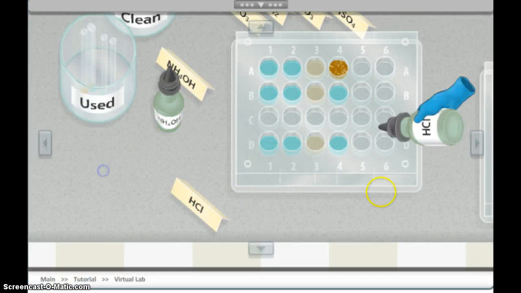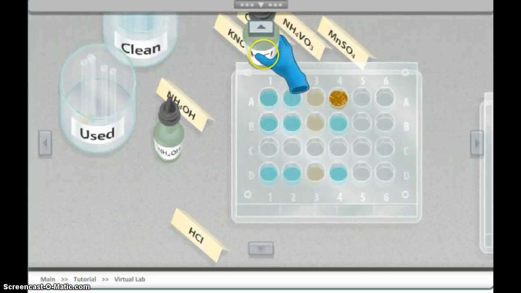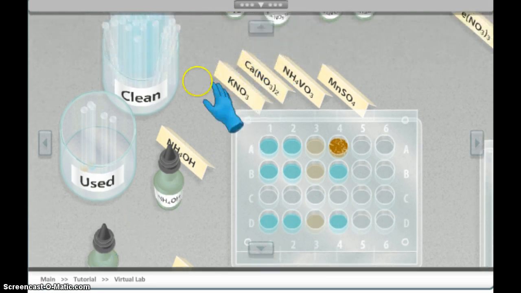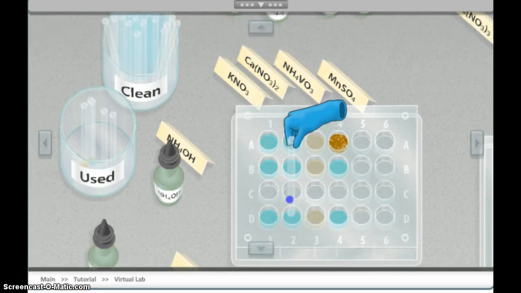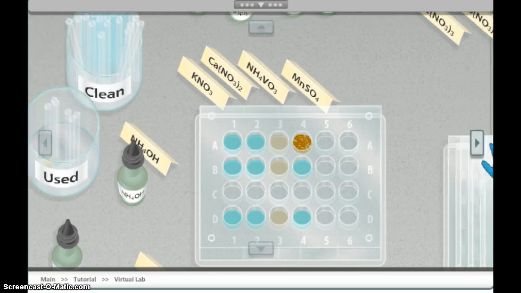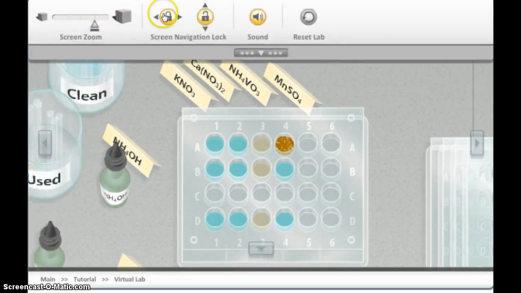All right, now let's add some HCl to our calcium nitrate. And we will stir it. And we will make our observation.